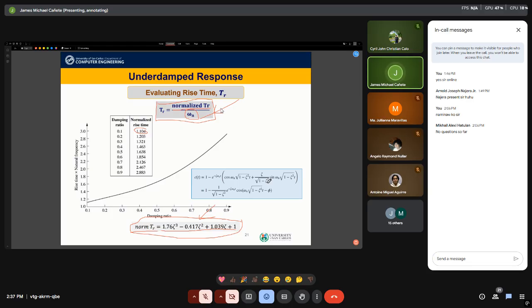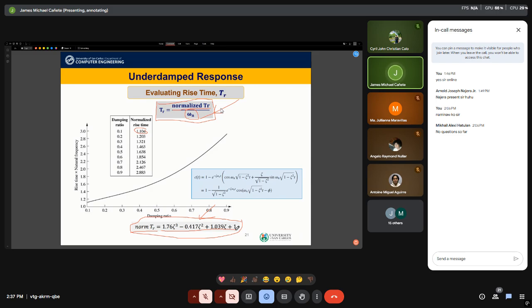So what they found out was statistically they measured a lot of second order systems and they found that if we normalize the rise time according to a specific metric, we have a formula for that.